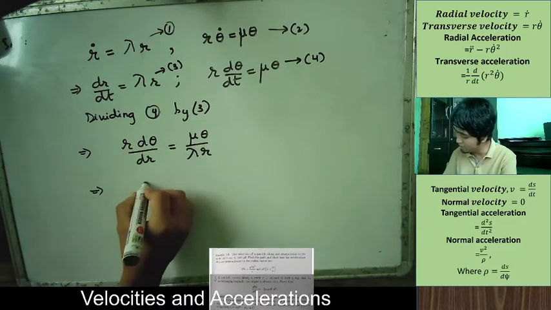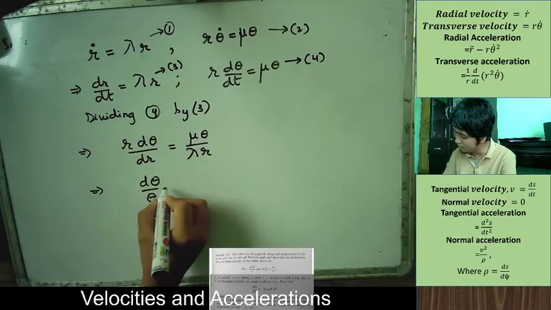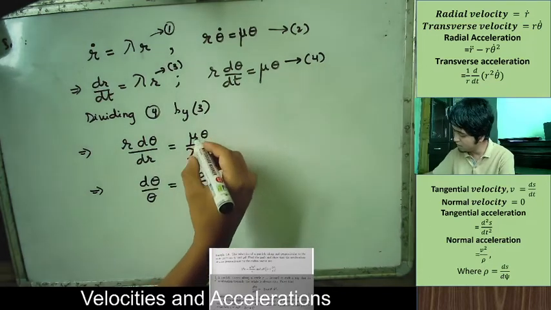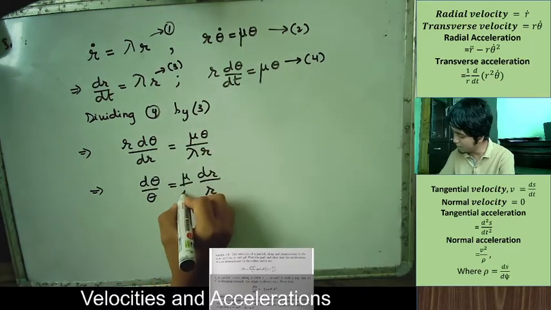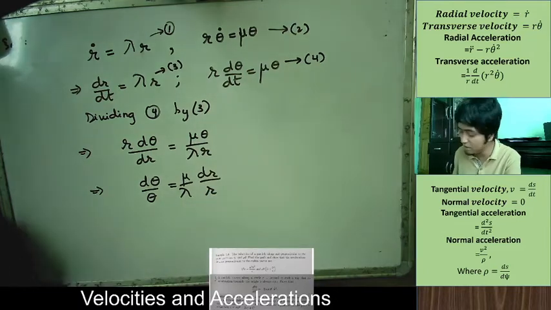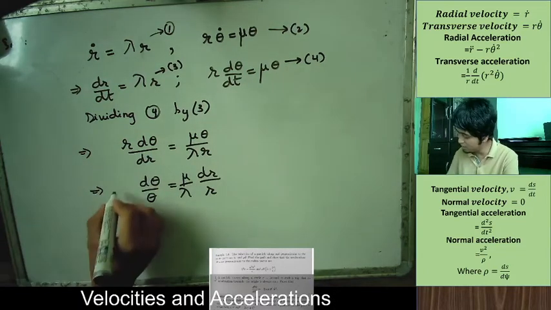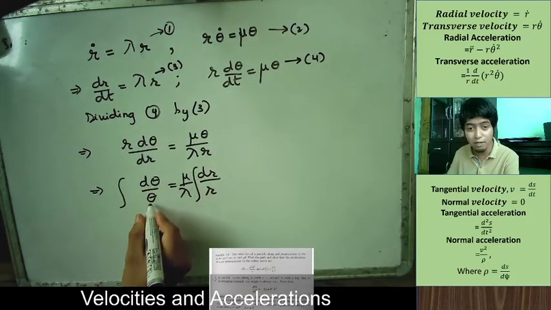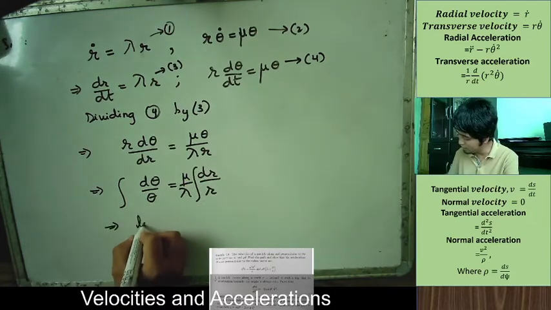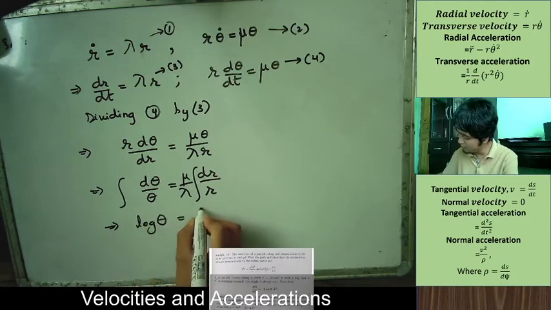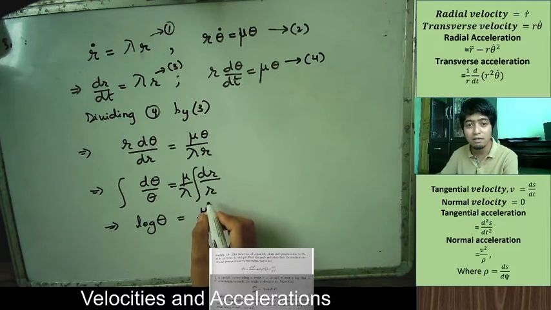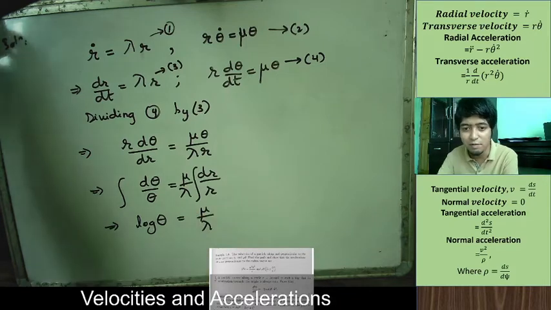We'll keep d theta upon theta on this side, and dr upon r, mu by lambda. Mu and lambda are constants, so you can keep them anywhere. Now we just have to integrate. If we integrate, what are we getting? We are getting log theta equal to mu upon lambda, dr upon r. Let me read the question again.